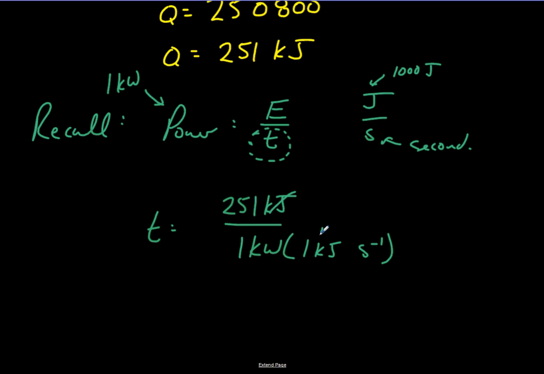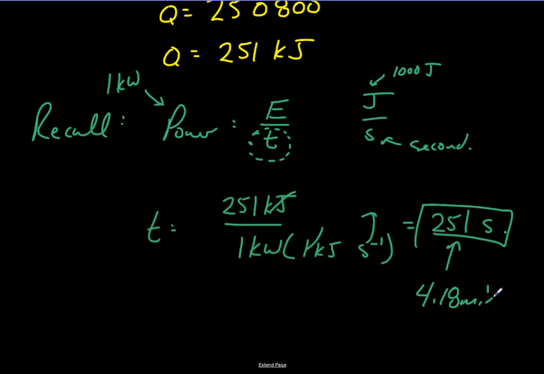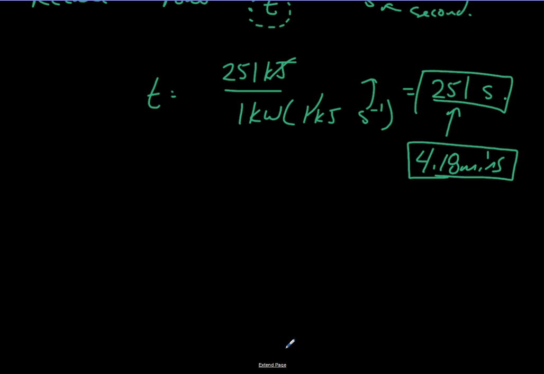Those cross off, the seconds come to the top, and we should end up with 251 seconds. Is that what you guys got? All right, so there we go. How much is that in minutes? Can you actually, on your stove, heat up 2 liters of water in 4.18 minutes, do you think?